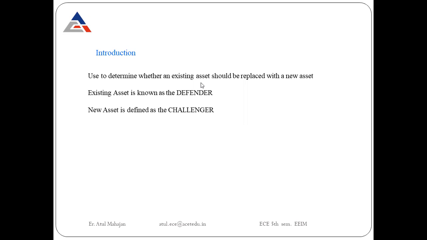It is the same case here for our asset study: what are the various terms that a defender should keep in mind while it is defending itself? The existing or old asset is trying to defend itself from the new asset.